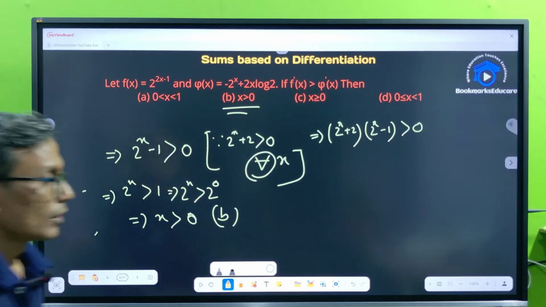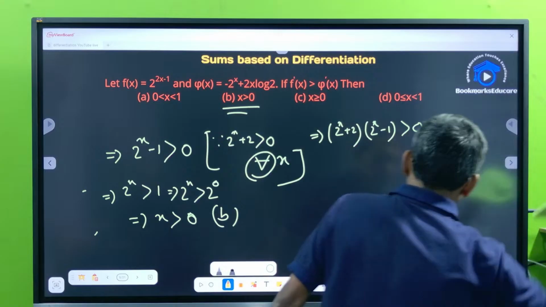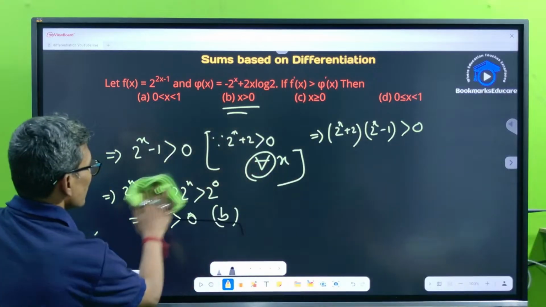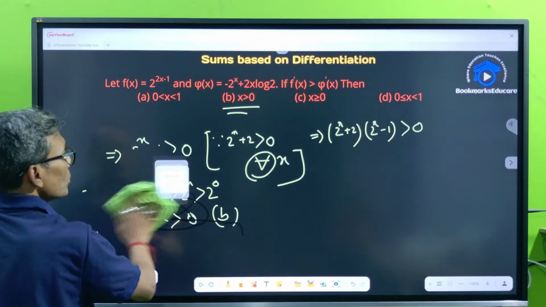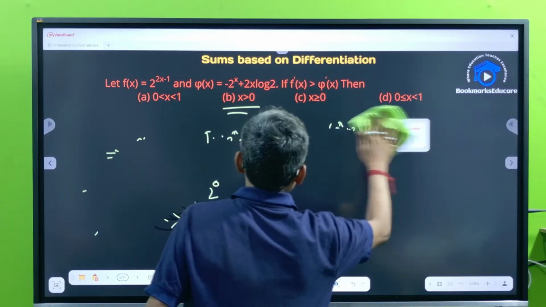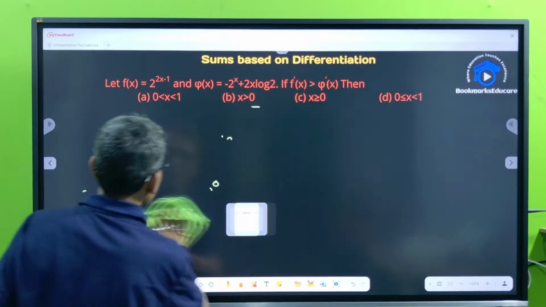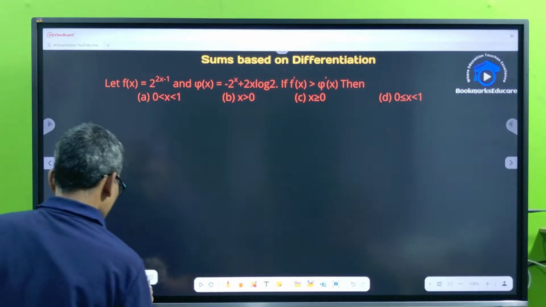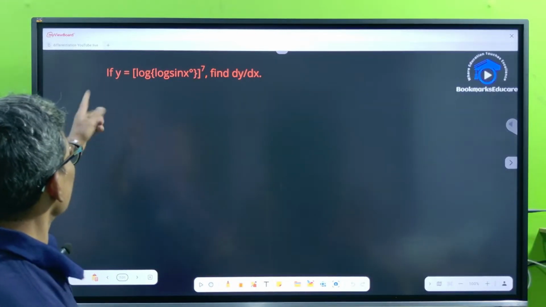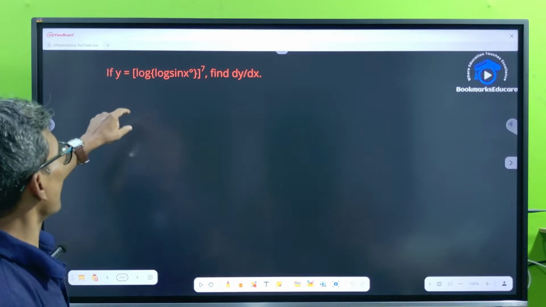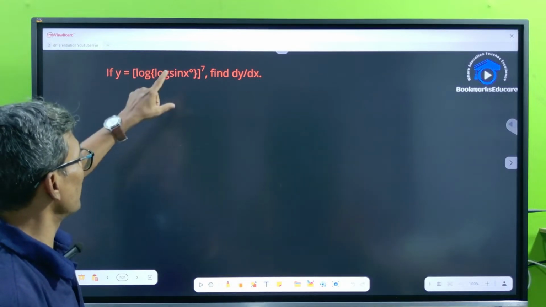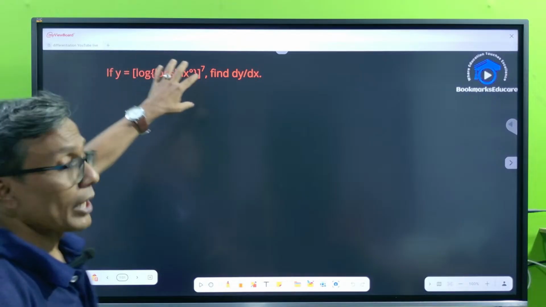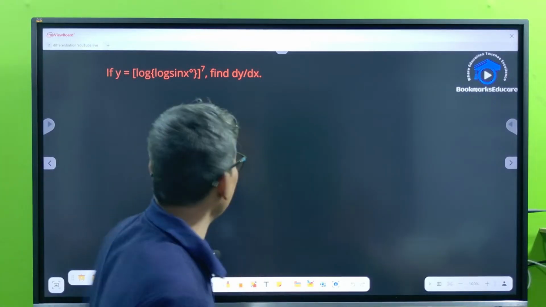Got it? So the next sum is, if y is equal to log sine x degree whole to the power 7, then we have to find out the value of dy by dx.